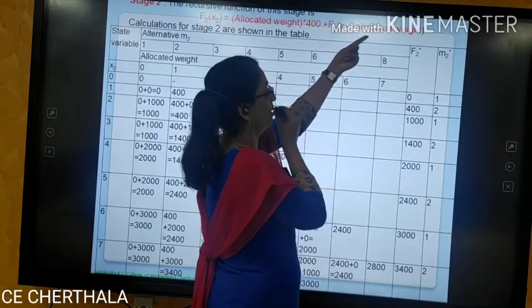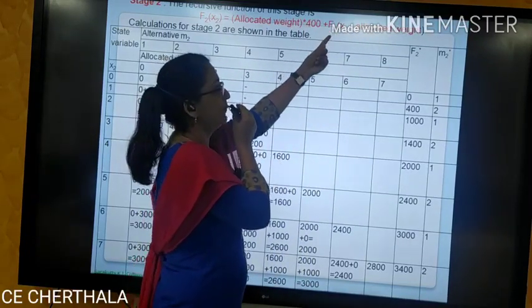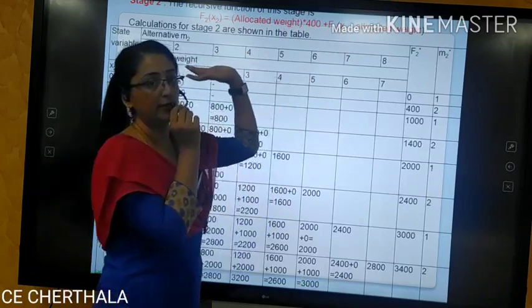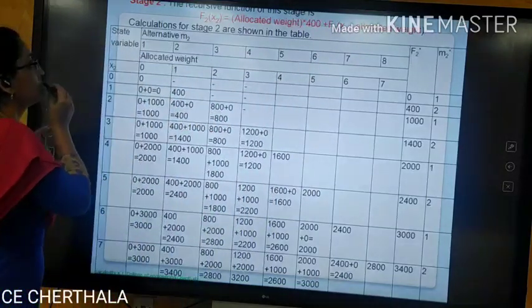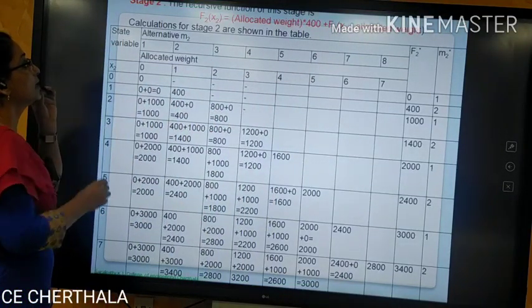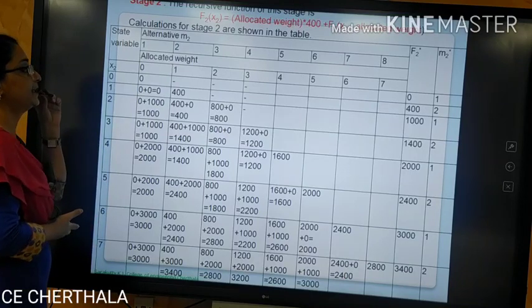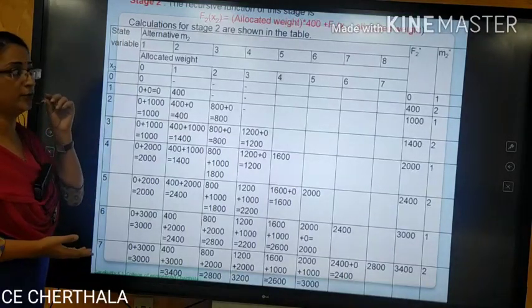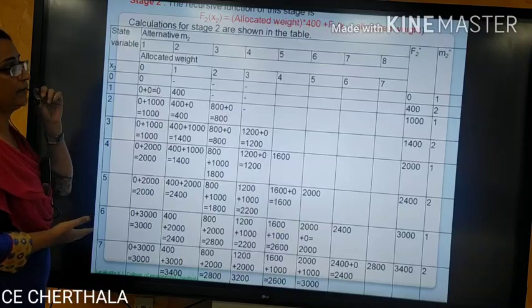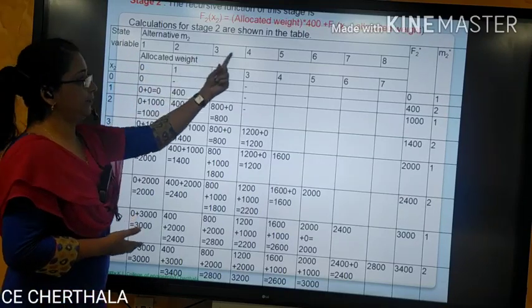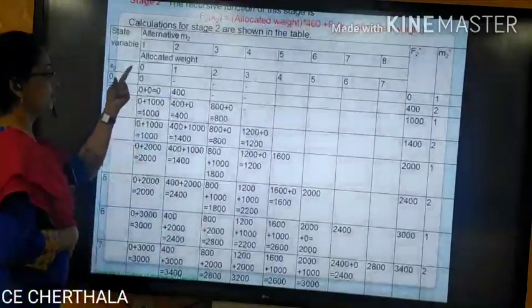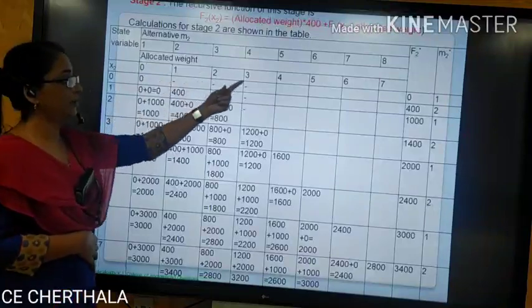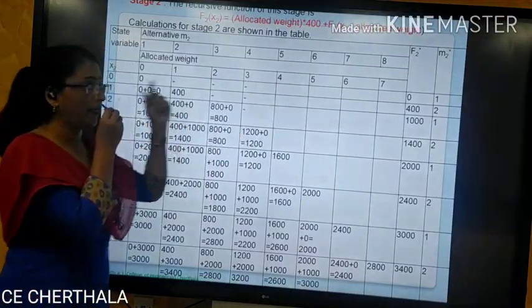So you have to remember this formula. Second term is f1 of (x2 minus allocated weight). Now stage 2 is concerned with item number 2. For item number 2 we have 8 alternatives, 1, 2, 3 up to 8, and the corresponding weights are 0, 1, 2, 3 up to 7 tons.